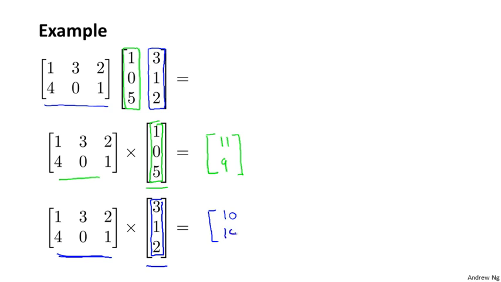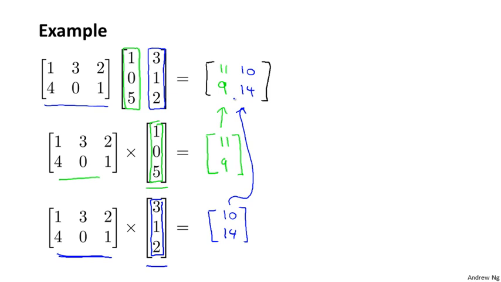And by the way, if you want to practice your matrix vector multiplication, feel free to pause the video and check this product yourself. Then I'm just going to take these two results and put them together, and that'll be my answer. So the outcome of this product is going to be a 2 by 2 matrix, and the way I'm going to fill in this matrix is by taking my elements 11, 9 and plugging them here, and taking 10, 14 and plugging them into the second column.